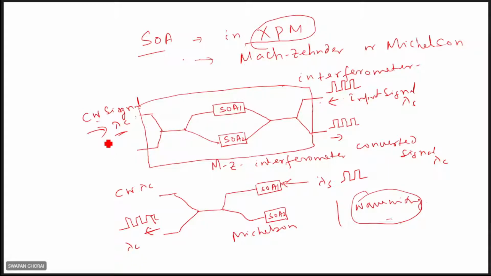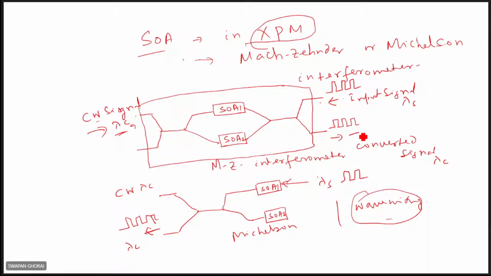Next, when the continuous wave signal is launched from this side and passes through the amplifiers, it will be modulated by this refractive index modulation and gain, so that this wavelength will carry the same information as the input signals.